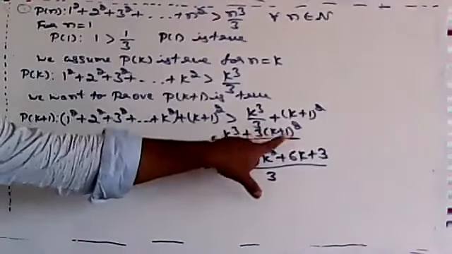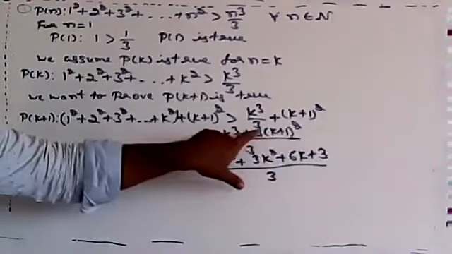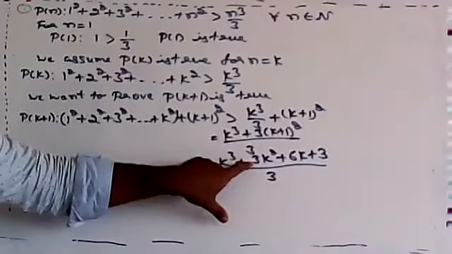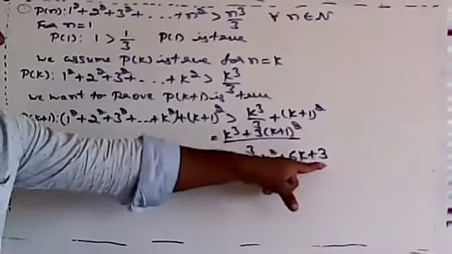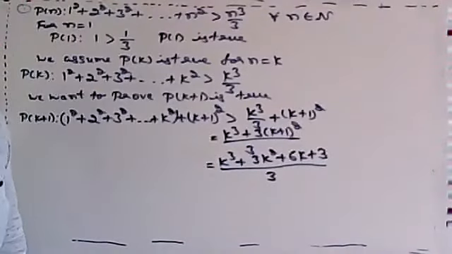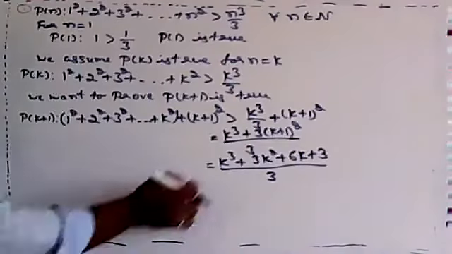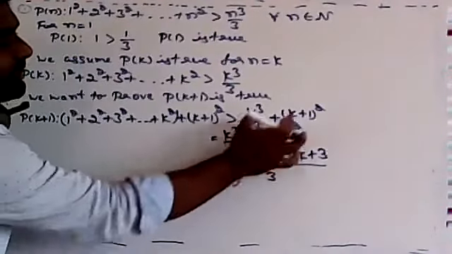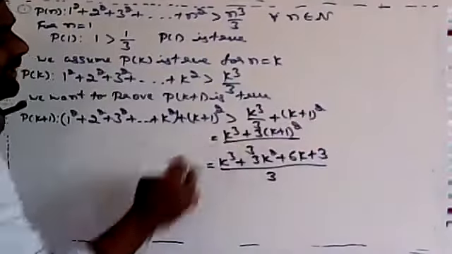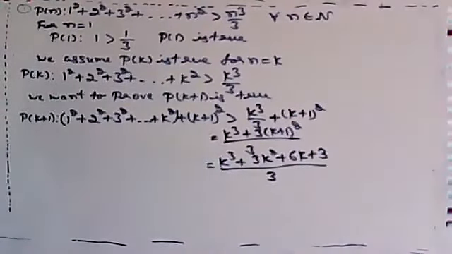When we multiply by 3, we get 3k square plus 3 into 2k, which is 6k, plus 3 into 1, which is 3, by 3. See, Prithvi, I'm taking this as equal because next time I'm continuing with greater than. I'm solving for the RHS side, that's why I've taken the equal sign here. Okay, clear?